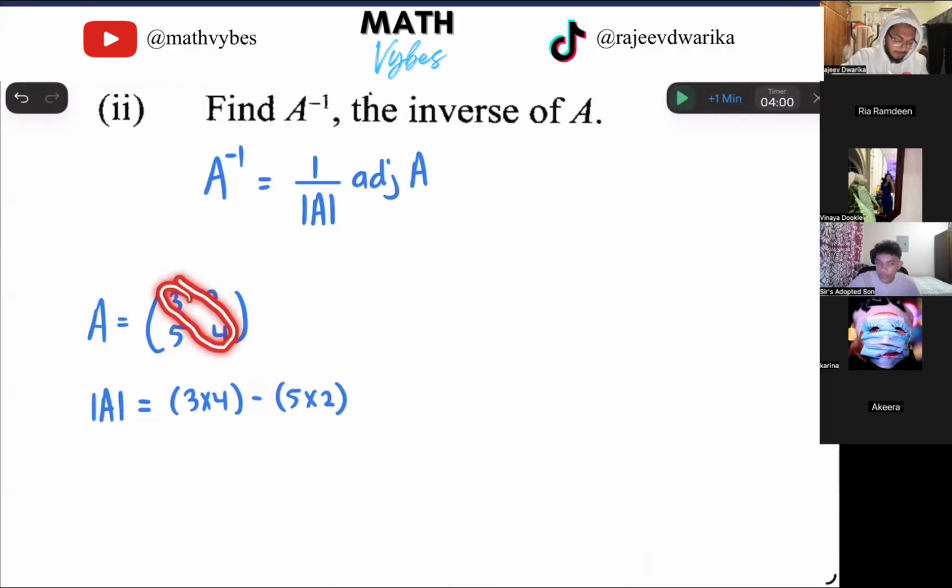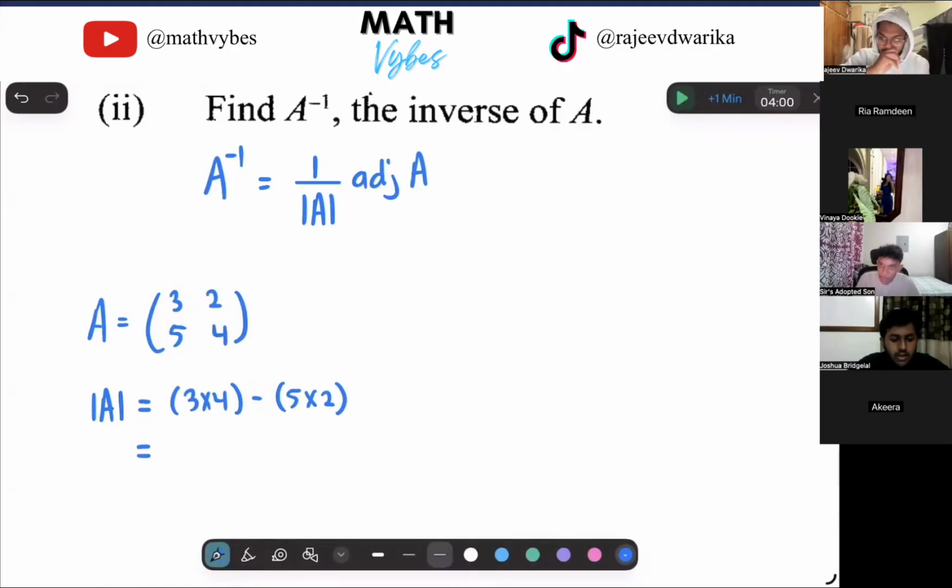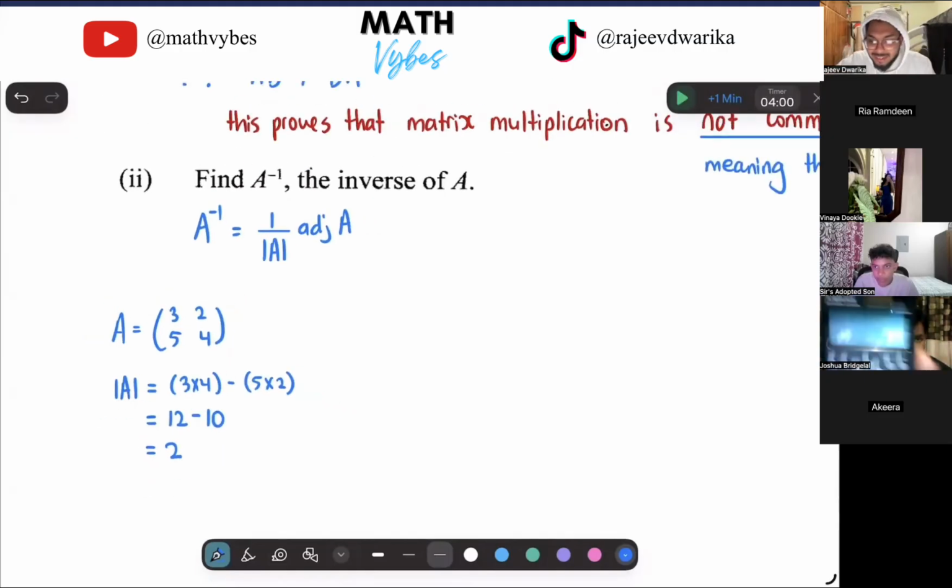So it's the product of the first diagonal minus the product of the second diagonal. Great. What is 3 by 4? Yeah, Joshua? Is it 2? Well, it is 2 because 3 by 4 is 12 and 5 by 2 is 10. So 12 minus 10 is 2. Excellent. Is everybody okay with that?